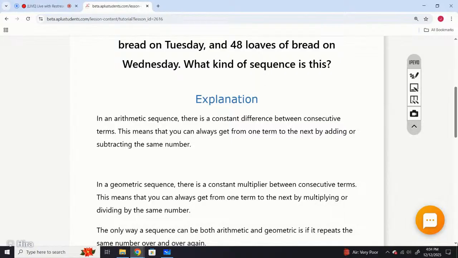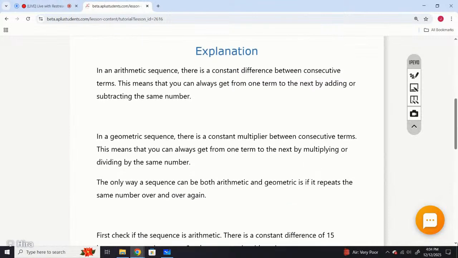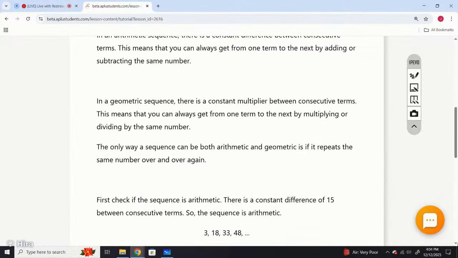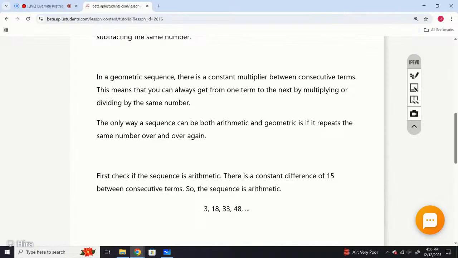That means you can always get from one term to the next by multiplying or dividing by the same number. The only way a sequence can be both arithmetic and geometric is if it repeats the same number over and over again.